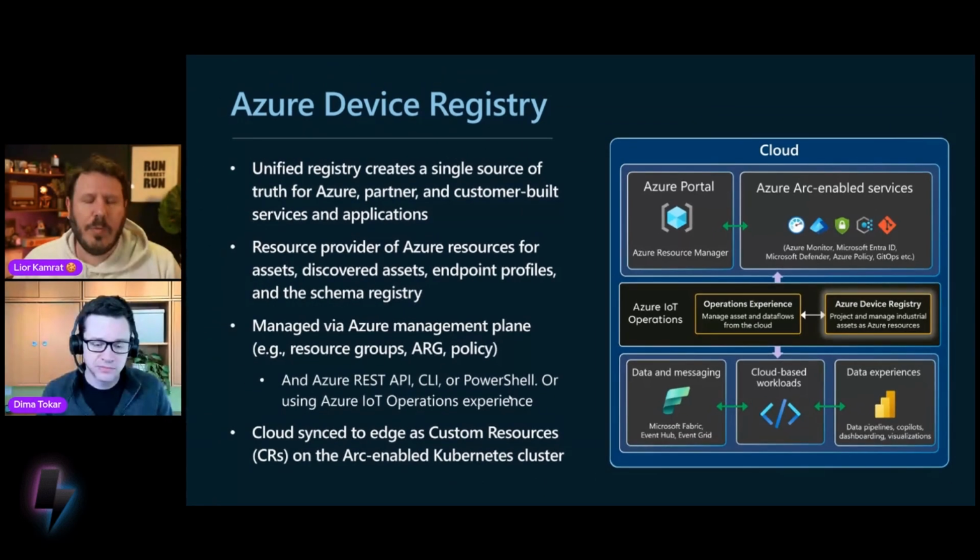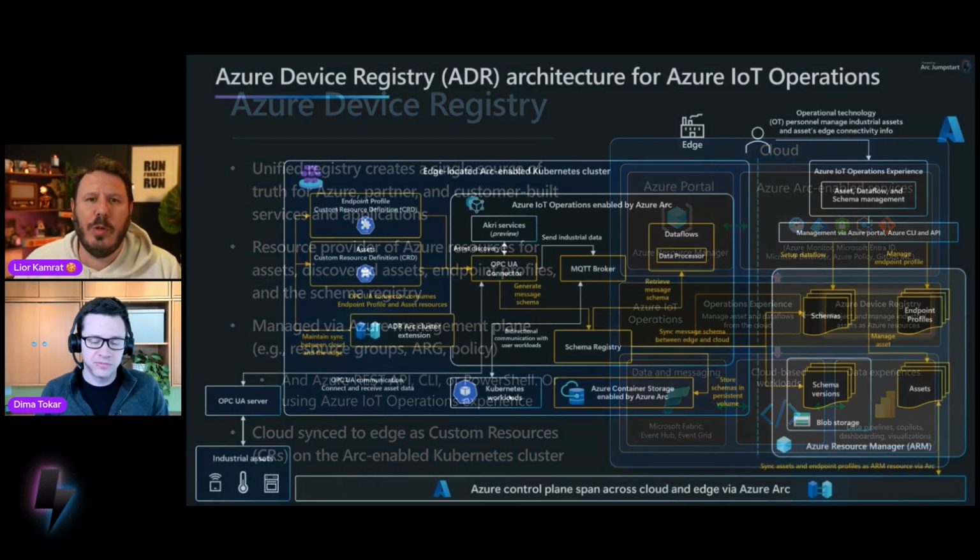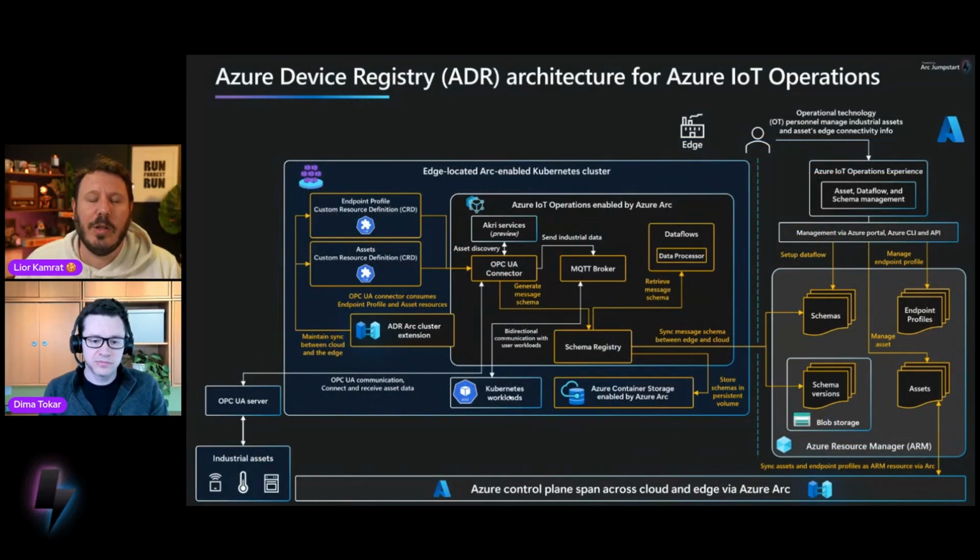Yeah. And Dima, before we dive deeper into the use cases and the architecture, I wasn't joking when I was saying that this is really the thing that we imagined when we started with Azure Arc, because at the beginning it was just servers, right? And we all know that this is now a common thing.